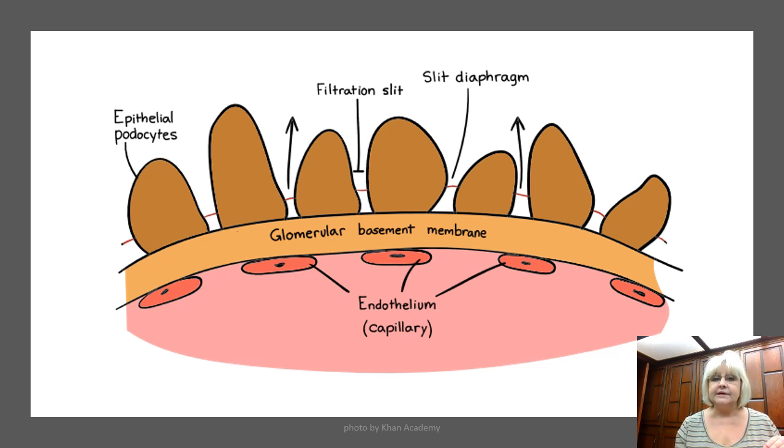The endothelium has large pores that the plasma, solutes, and proteins pass through, but not the blood cells. And the basement membrane, also made up of 3 layers fused to the endothelium, prevents the plasma proteins from being filtered out of the bloodstream.